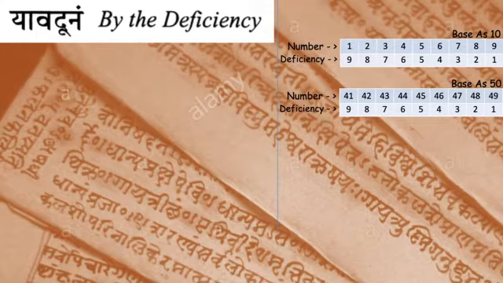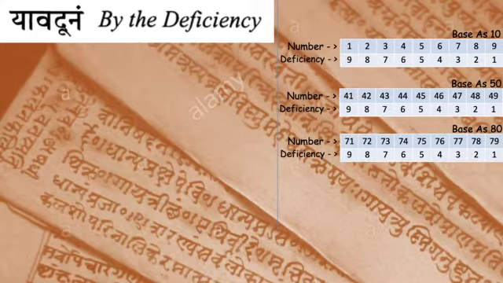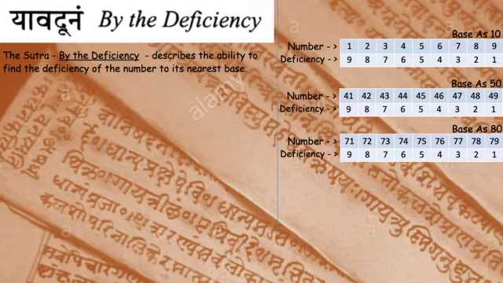So the deficiency to make it to the next nearest 10 is what we are looking at here. 42 and 8 makes 50. If you take 80, 71 and 9 makes 80.